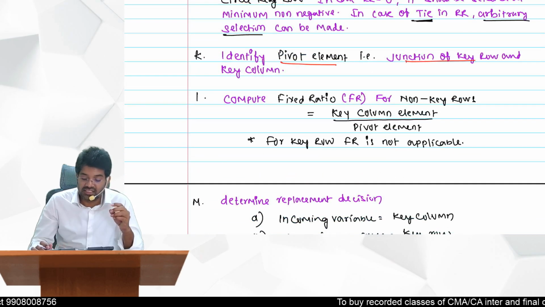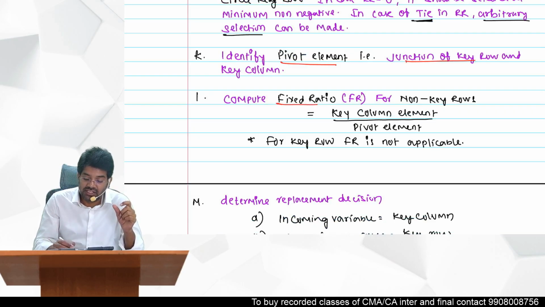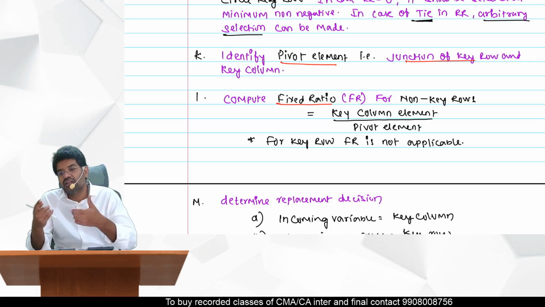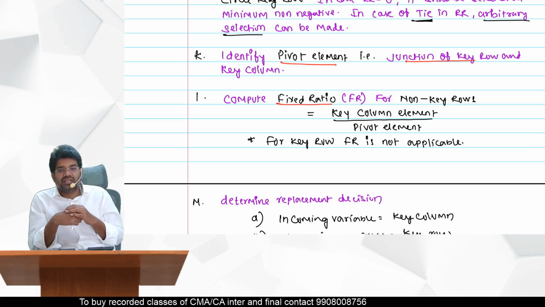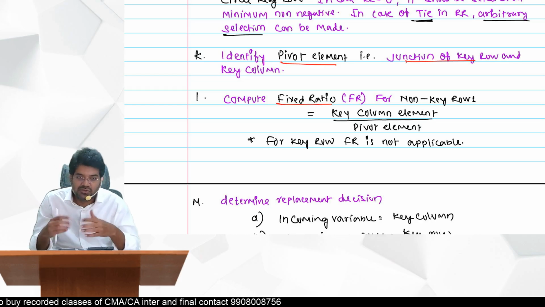Now one more important thing we should do is calculate the fixed ratio. Why are we doing this? As I told you earlier, we should create a unit matrix, so x1 should form the unit matrix. For that purpose we do this.